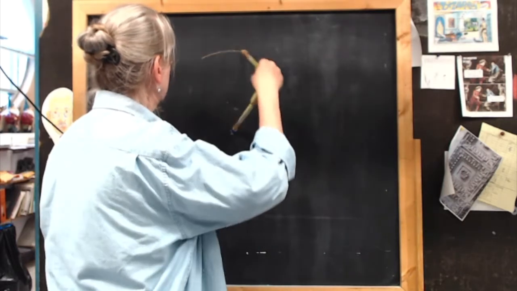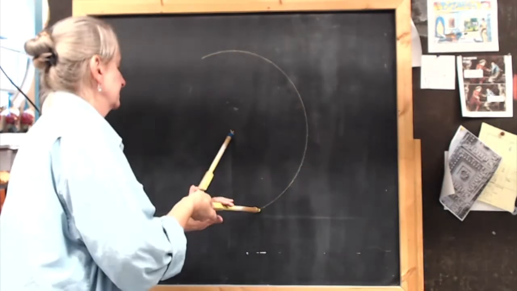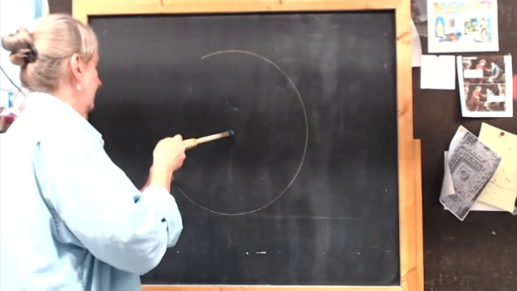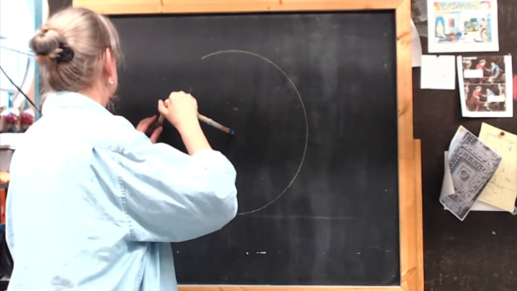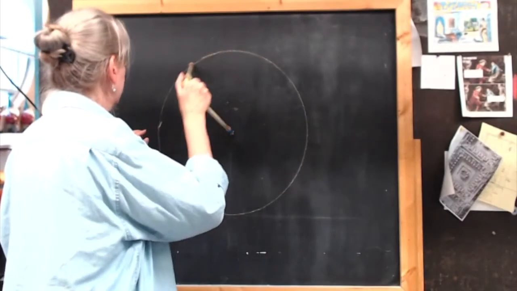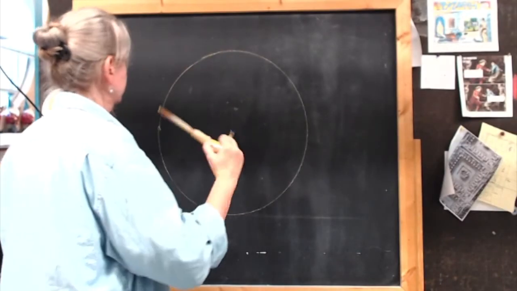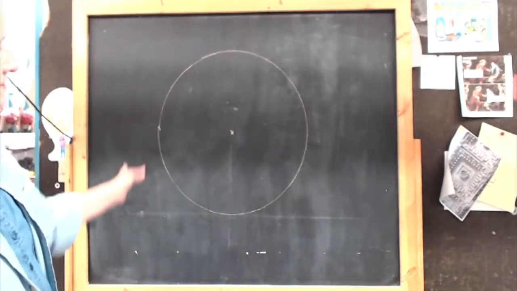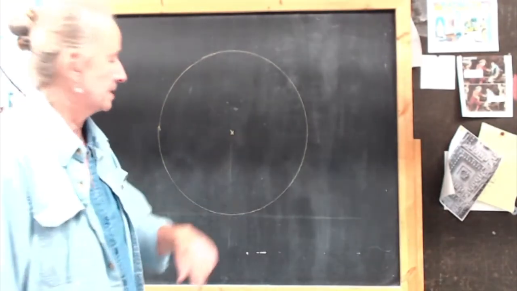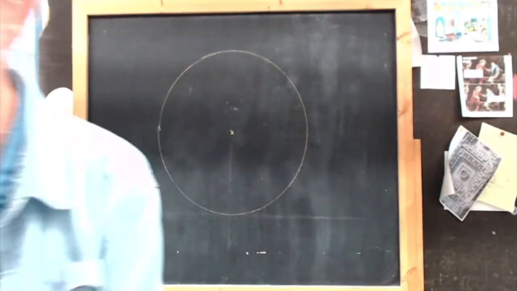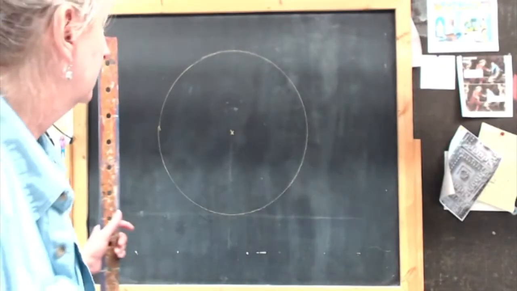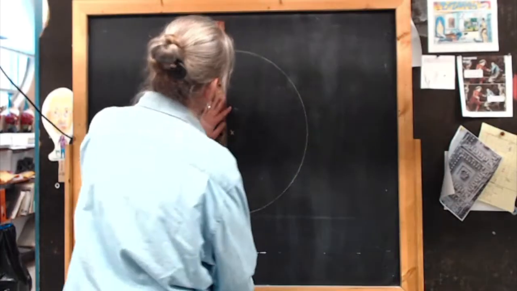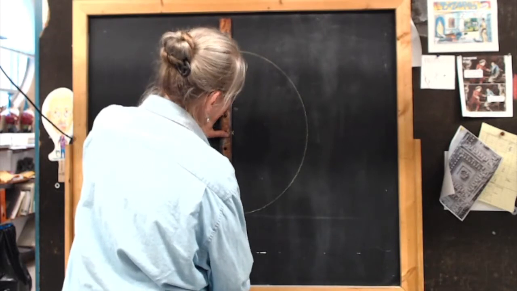So let's draw our circle. There we go. Okay, so we have a circle. I want to find my vertical baseline and my horizontal baseline in this circle.